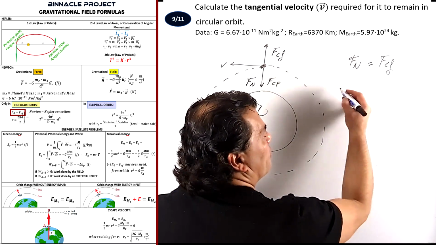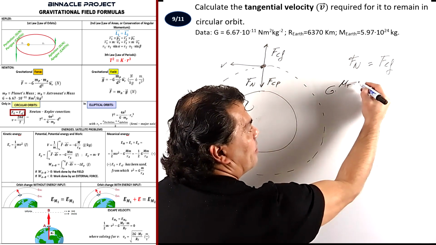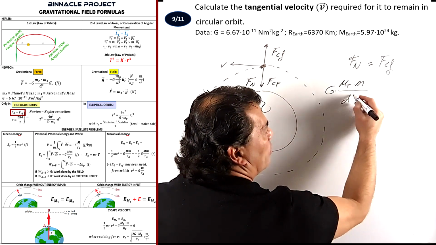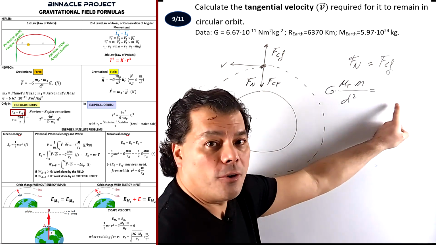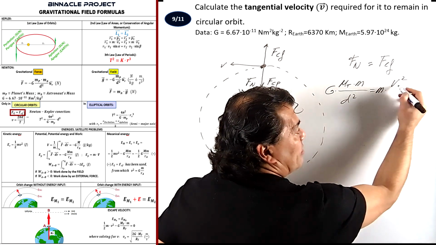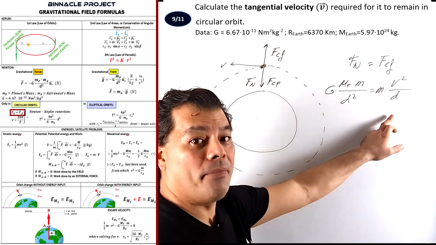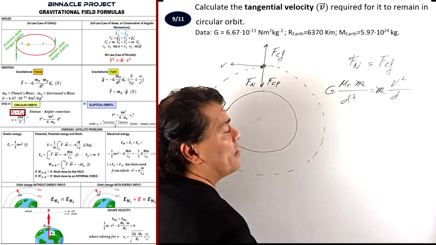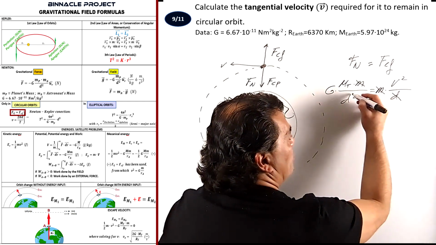Newton's force, G multiplying the mass of our planet, multiplying the mass of our satellite divided by the square of the distance, must be equal to the centrifugal force, that is, the mass of the satellite multiplying the square of the velocity divided by the distance. And you can see that the mass of the satellite cancels out, as does one of the distances.